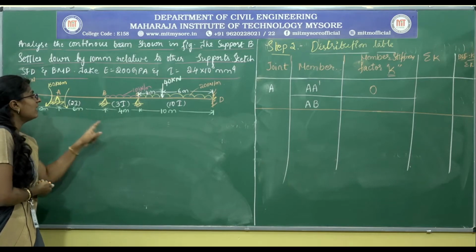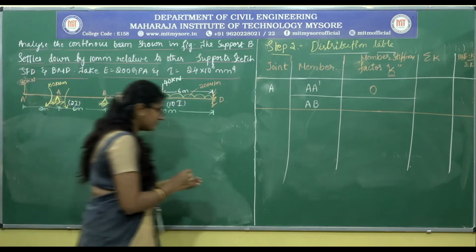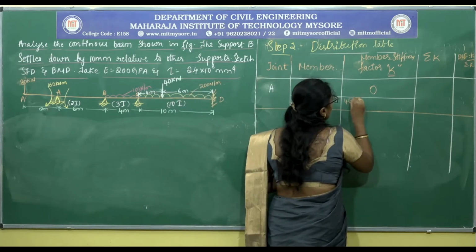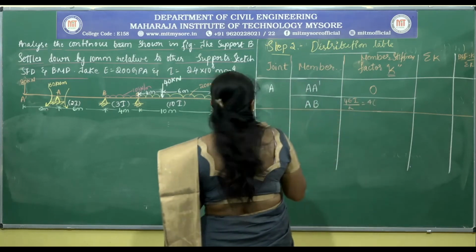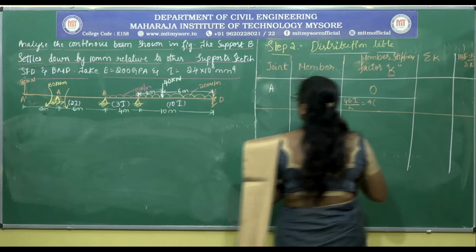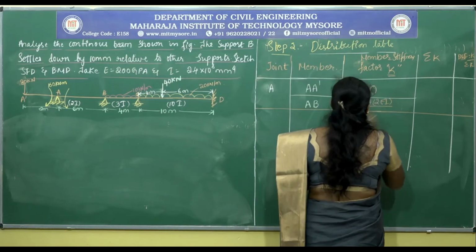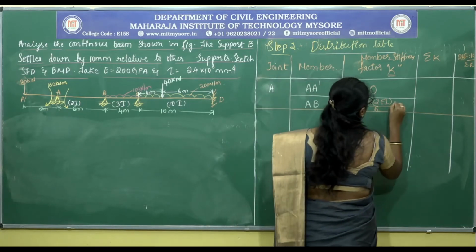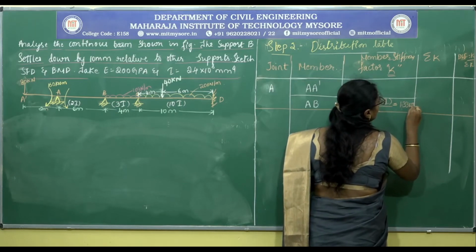Here, since the far end is continuous, we consider this as fixed. Since it is fixed, we take this as 4 EI by L. So 4, what is EI for span AB? It is equal to 2 EI divided by the length, which is 6 meters, 1.33 EI.